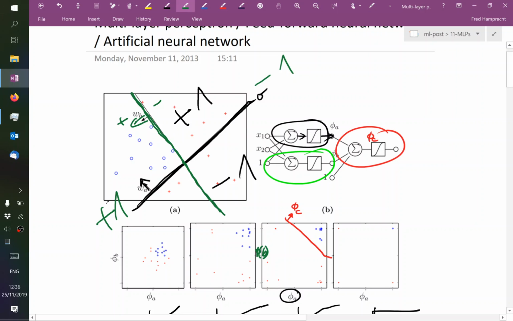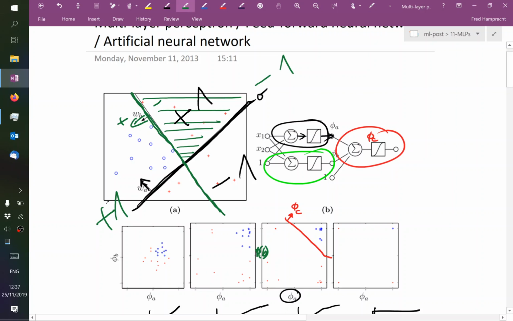The ones which are in this part of space are under the first perceptron and under the second perceptron, so they get a -1, -1. So these points are mapped here to -1, -1. Well, and there are these other two quadrants.